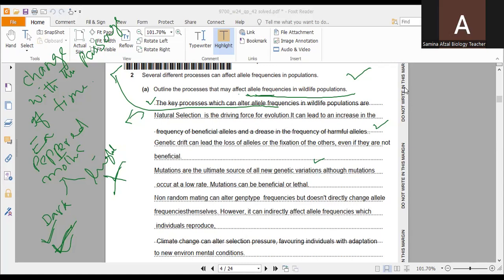Mutations are not always lethal; sometimes they are beneficial. While mutations occur at a low rate, they are the ultimate source of all new genetic variations. Most mutations are neutral or harmful, but some can be beneficial and increase in frequency through natural selection.